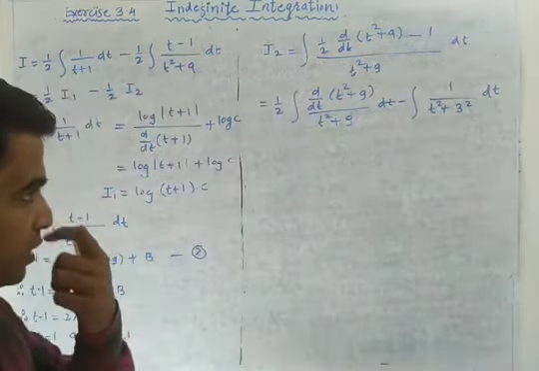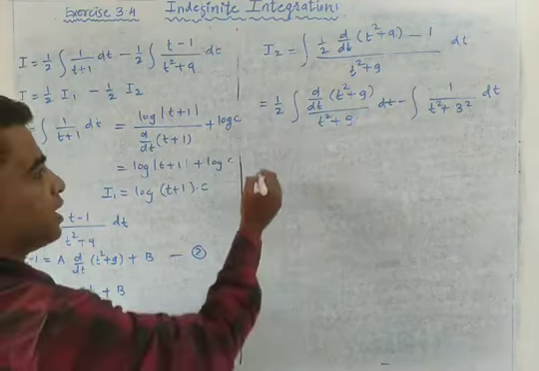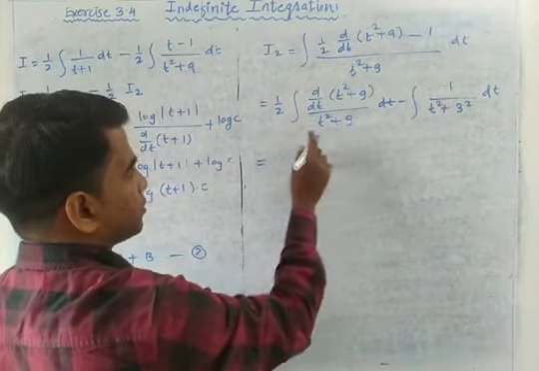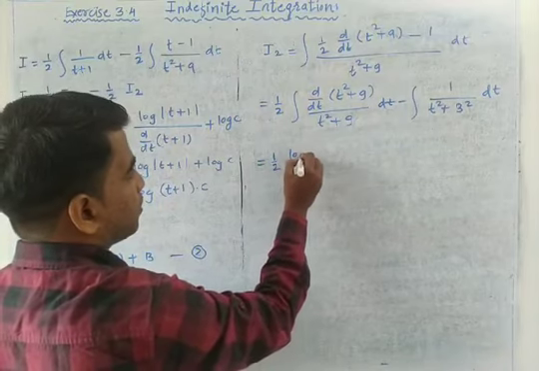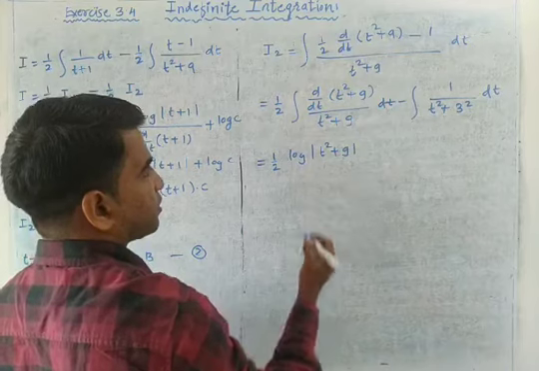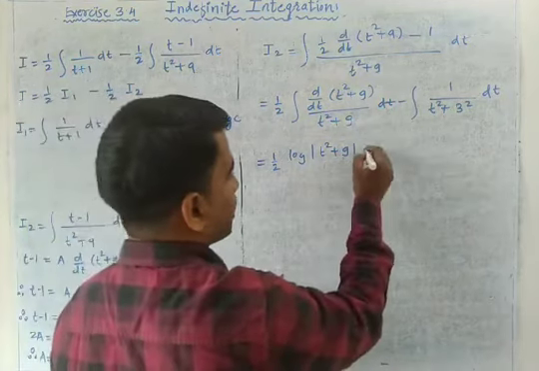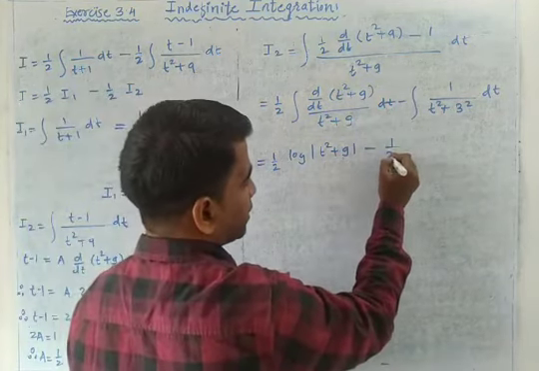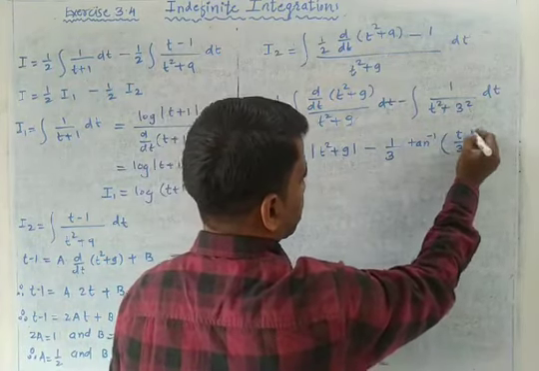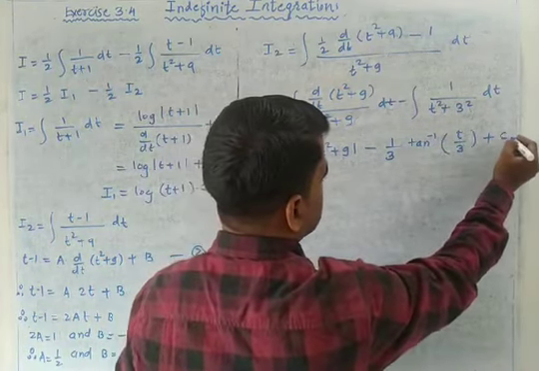And now x square plus a square formula for second part, and first part is a derivative upon its function, so that is half into log of mod of f of x, minus 1 by a into tan inverse x by a plus c.